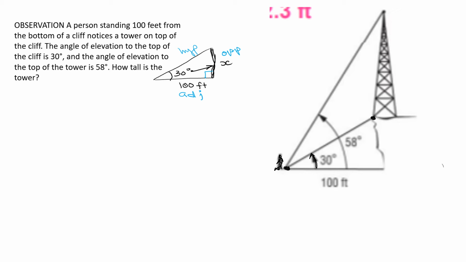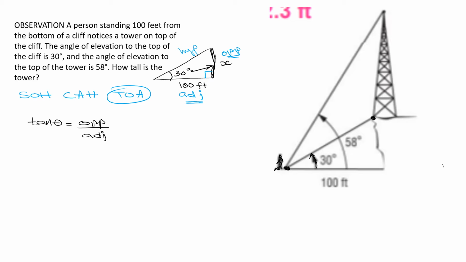So here we have a relationship between the opposite and adjacent. We know the name SOHCAHTOA, so from here we can say that the relationship between the opposite and the adjacent is given by tangent theta. So tangent theta equals opposite over adjacent.